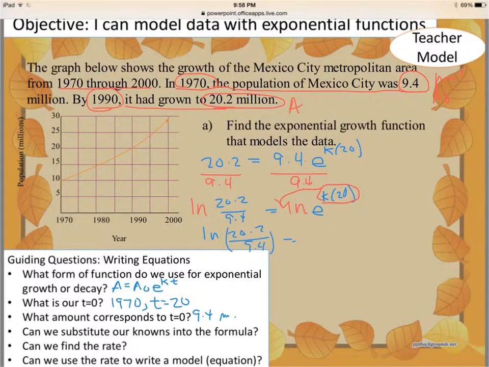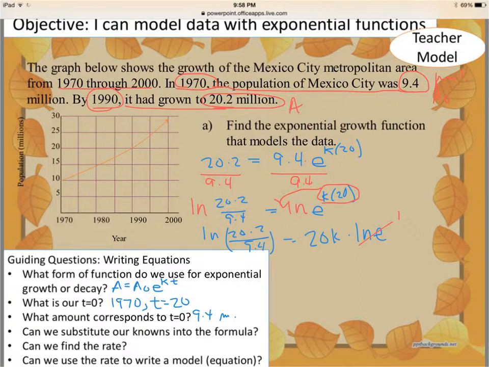Okay, that's going to be equal to, I'm going to switch the order here since it's just multiplication, 20k times natural log of e. And then when we simplify this, a natural log on base e, that's it. Well, natural log is base e. So when I do it to base e, I just get 1. So that's sort of an easy simplification. And 20k times 1 is just 20k.